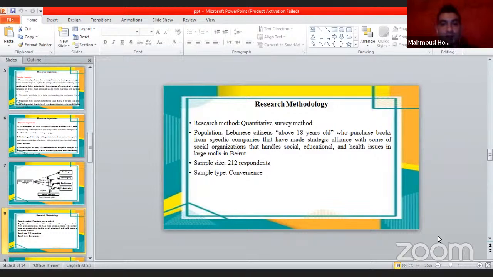The survey was distributed to 212 respondents using a convenience sample type, to consumers who make direct purchases from large malls and bookshops, focusing on companies that make strategic alliances with some non-profit organizations, including organizations that handle social, educational, and health issues in large malls and bookshops. We ensured that these companies sell books, knowing that this study focuses on the book sector.